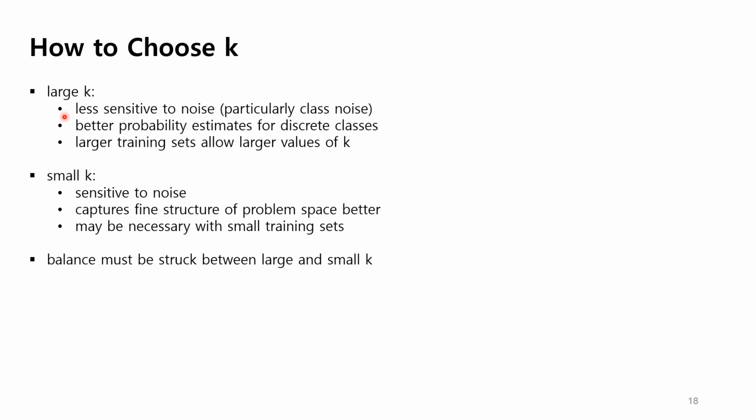In that case, your IBL algorithm is less sensitive to noise. Because there are many nearest neighbors, maybe a few of them are errors or noise, but your algorithm is robust enough to handle that. So the algorithm is less sensitive to noise.